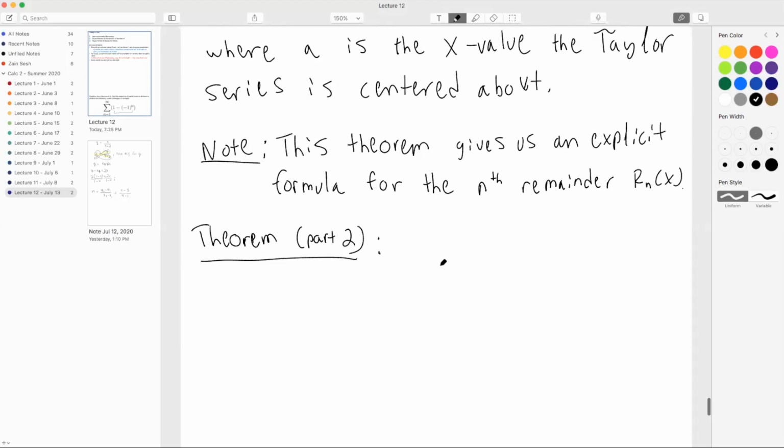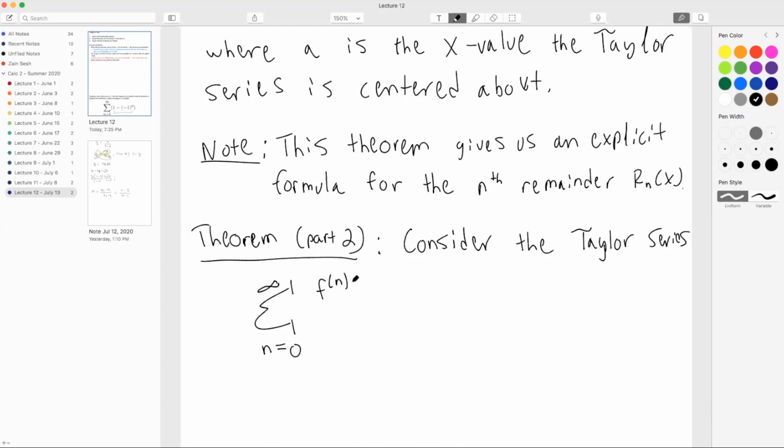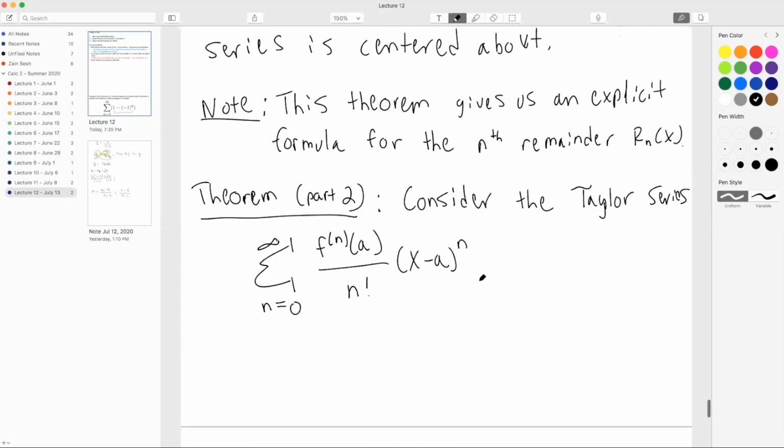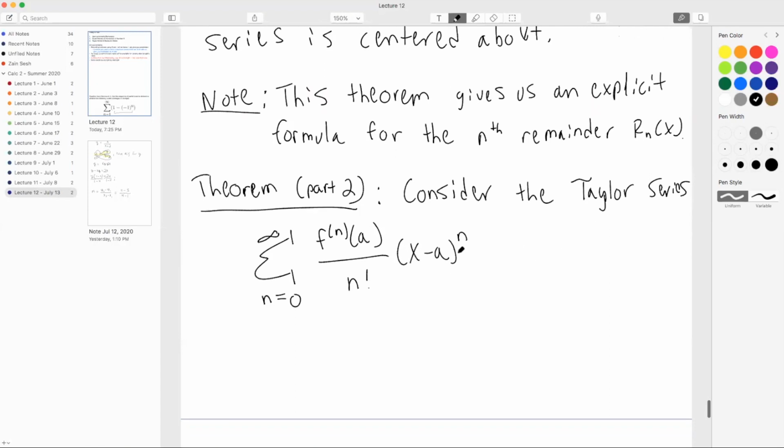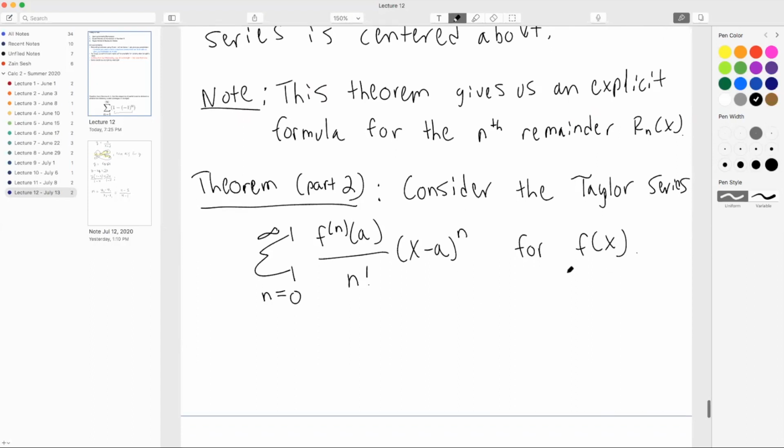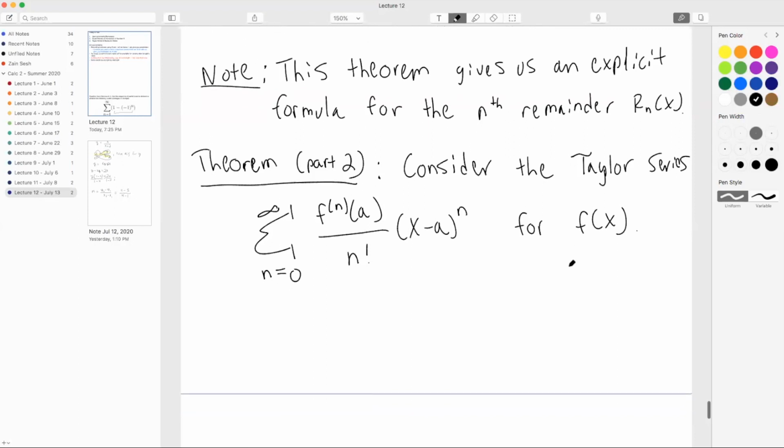So consider the Taylor series: the infinite sum from n equals 0 to infinity of the nth derivative of f evaluated at a over n factorial times x minus a to the nth power. That's the form of a Taylor series, as we saw earlier in class. It's the Taylor series for the function f of x. Nothing crazy going on. I just wrote the definition of the Taylor series centered at x equals a.